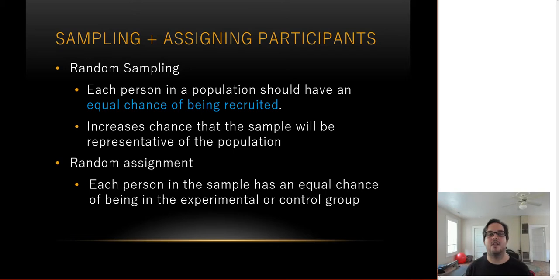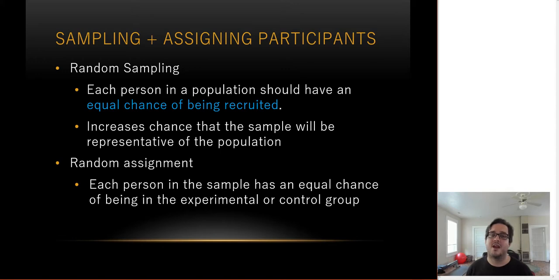What might happen is the people who are excited to be in the study, they sign up first, they're real quick, might be very different from the people who sign up later, who then get put into the control group. So the difference between experimental and control might not be due to the drug, but rather, again, a difference between the type of people who got put in the experiment, who came first, who signed up first, versus the people who came later. It doesn't rule out those third variable problems.